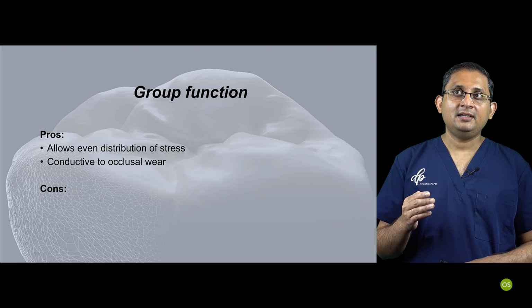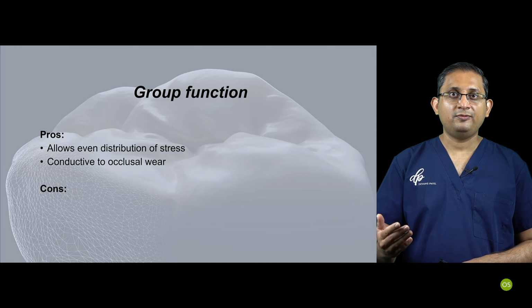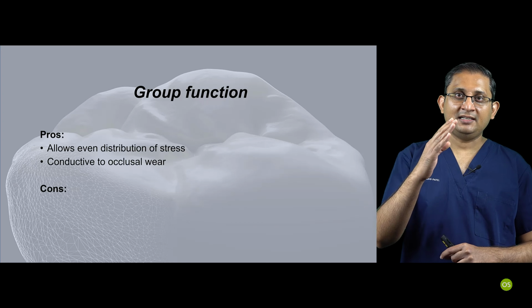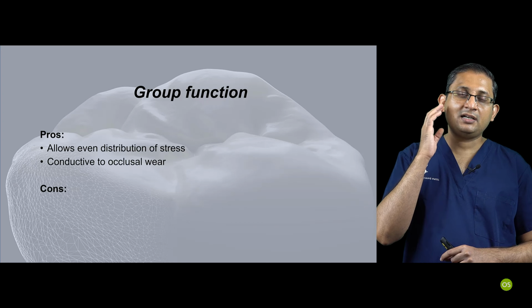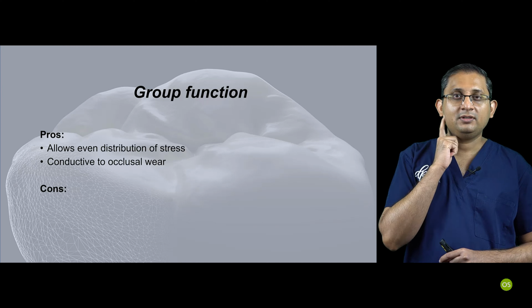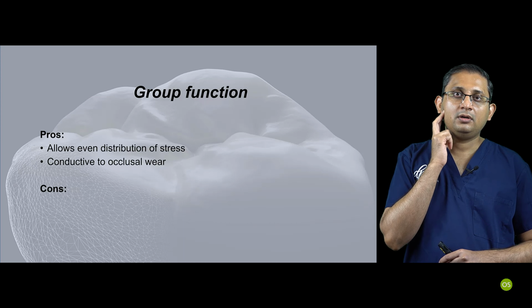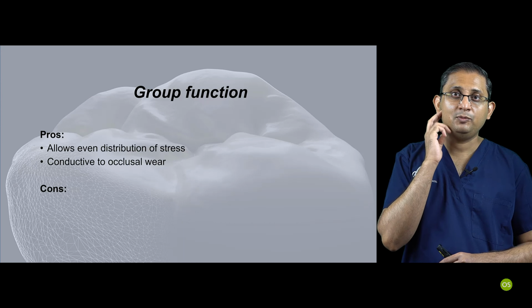That is a slightly uncontrolled way to get group function, because as the canine is worn down, the guidance becomes shallower and other teeth start touching. What if it's the molar that starts touching? That's why sometimes canine guidance can lead to changes in the molar guidance, and you start picking up the molar.